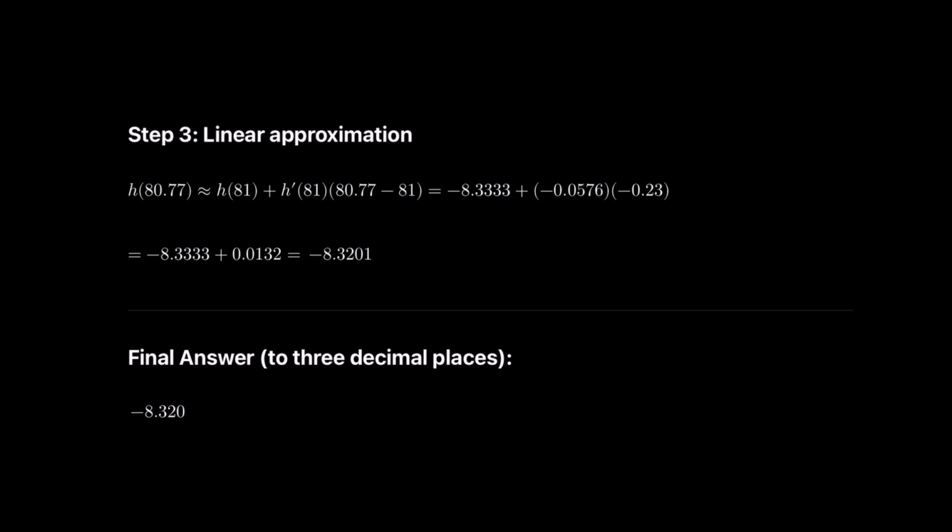So h(80.77) is almost equal to h(81) plus h prime(81) multiplied by (80.77 minus 81), and we will get negative 8.3201. And for the final answer, we must take 3 decimal places.